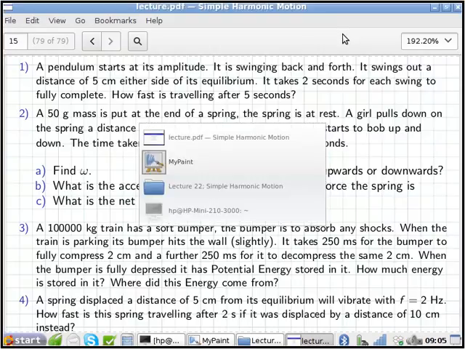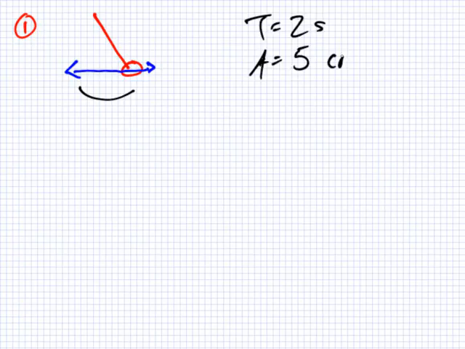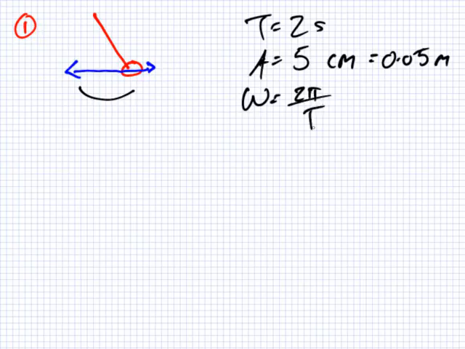The time is 2 seconds and the amplitude is 5 centimeters, which is 0.05 meters. So we can get the omega. The omega is 2 pi over T, 2 pi over 2, 3.14 radians a second.